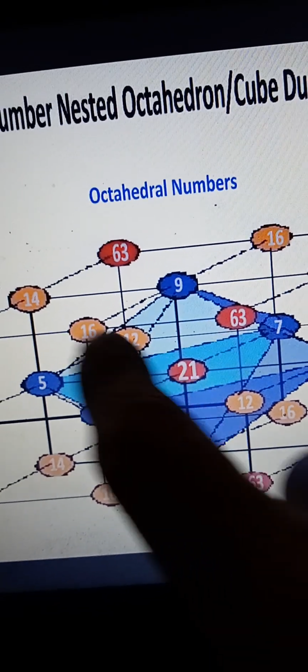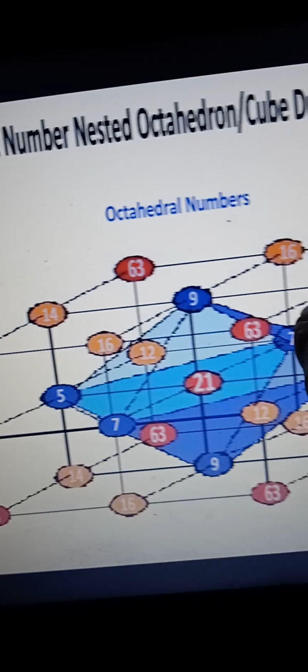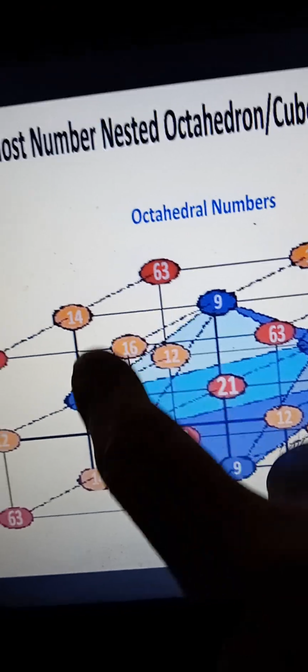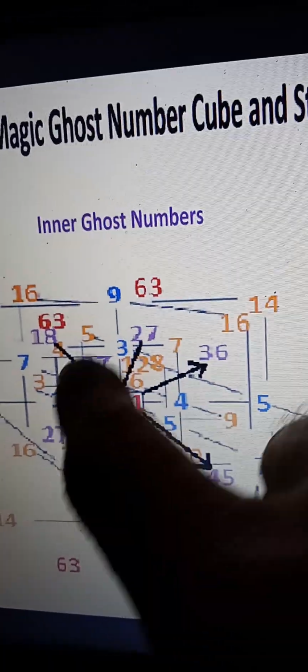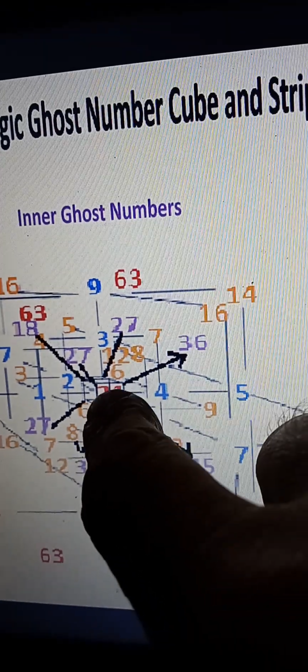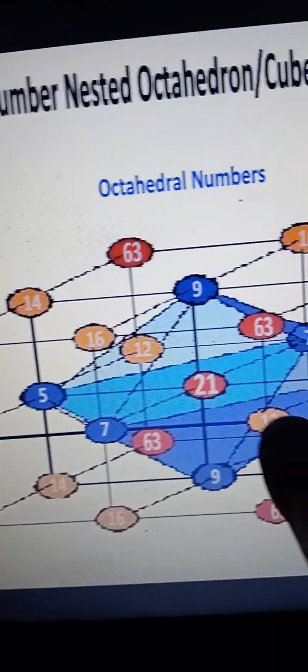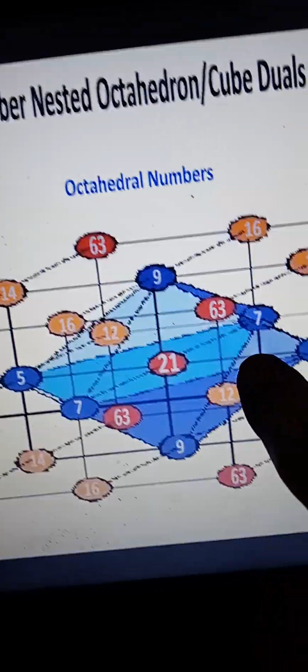That doesn't change, and all these numbers don't change. They stay the same. But this can be rotated around, and I've done models. I've made models where the central cube, inner cube, rotates around along with the central cube, but the outside doesn't change, and this doesn't change. It's fixed.